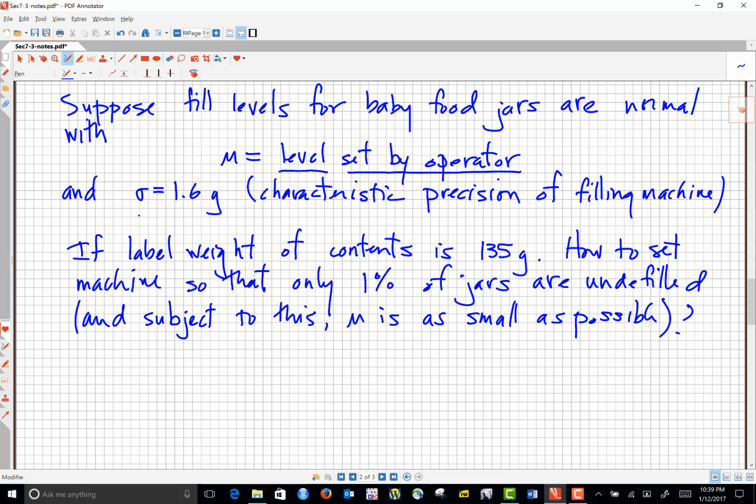But it's probably the case that the operator has not much control over how consistent the filling machine is. So you could think of a scenario here where one gets to choose a mean, but is stuck with a standard deviation that's characteristic of the equipment that's being used. And here's the problem I'd like to set.